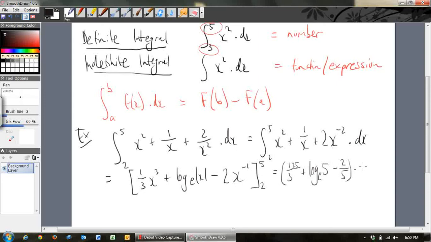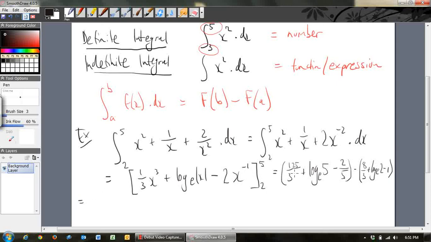Subtract, and if you put 2 into here, 2 cubed is 8, that'll be 8 over 3, plus log e of 2, and then minus 2 over 2, so that would just be minus 1.